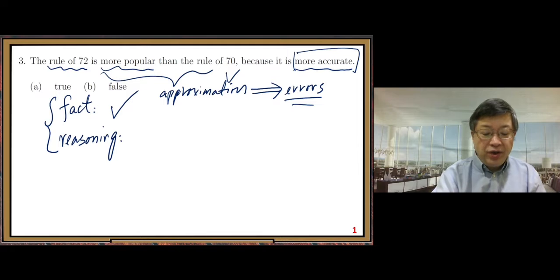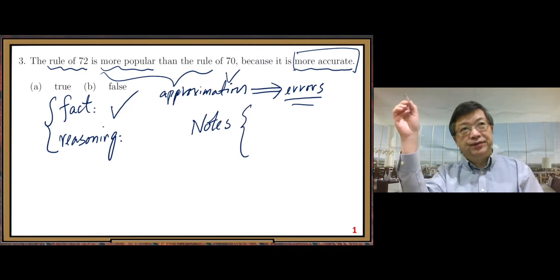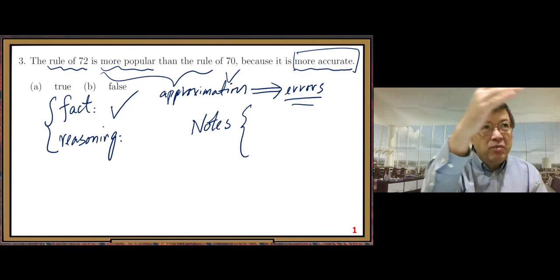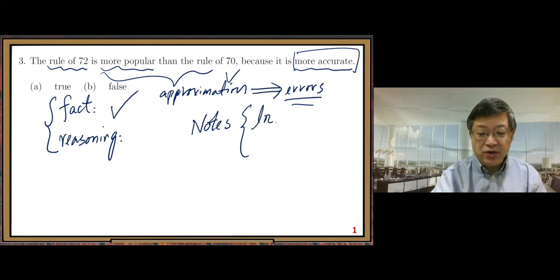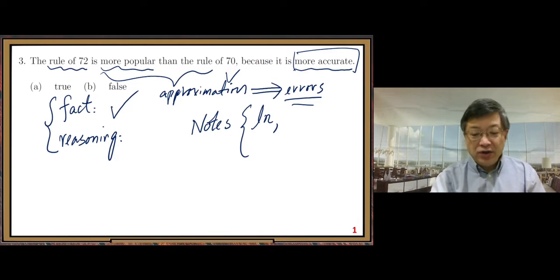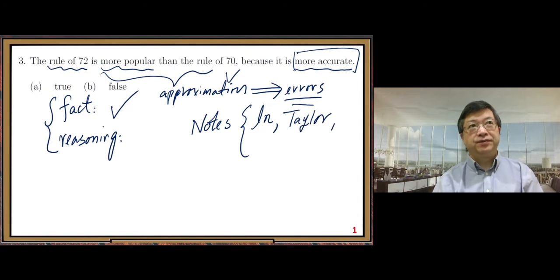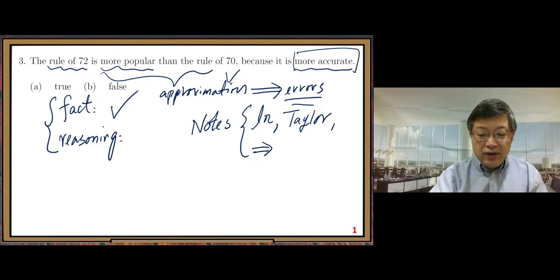For that part, we need to go to our notes. In our notes, I derived the formula estimation part. Remember, we use log. Actually, we use natural log, right? And we also use Taylor expansion, right? And after that, we derive some estimate formula.